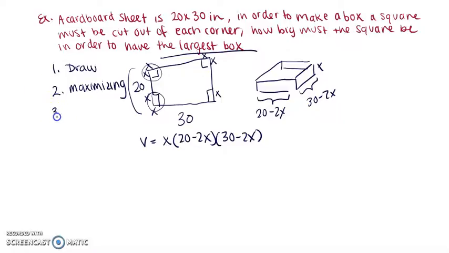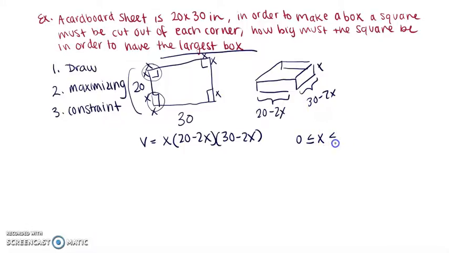Now, the third step is we have to find the constraint. And that is the interval that we're finding our absolute minimum and our absolute maximum. And so we have to look at this problem and understand what our interval is. So x, obviously the smallest x can be has to be 0. And if x is 0 in this situation, the box will be a flat surface, but it will still be considered possible.